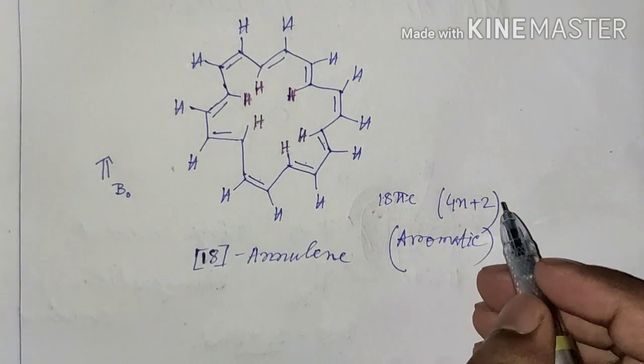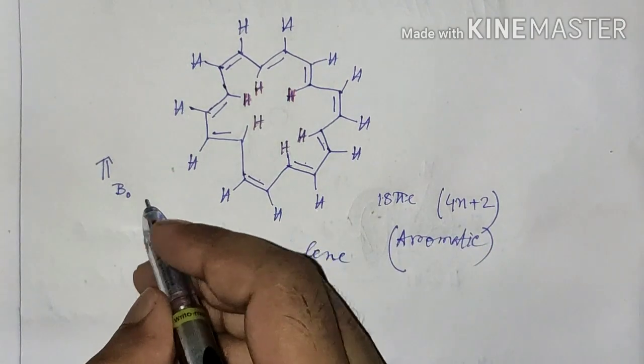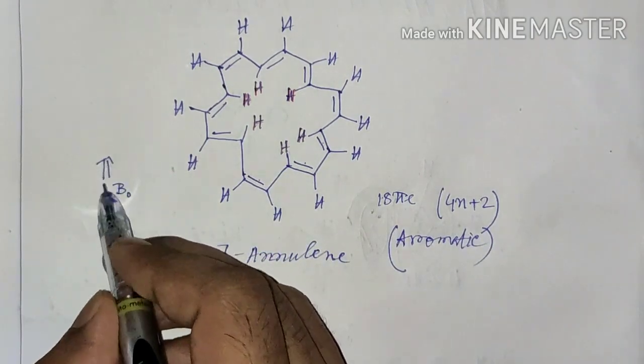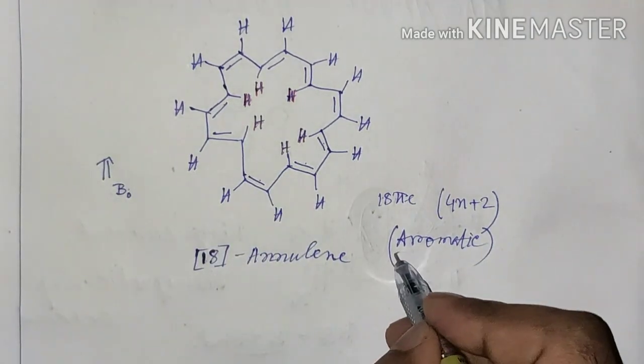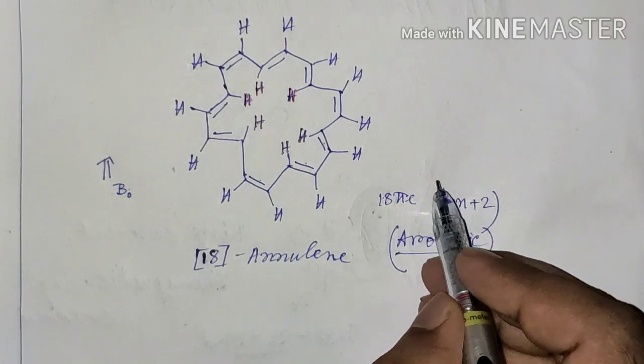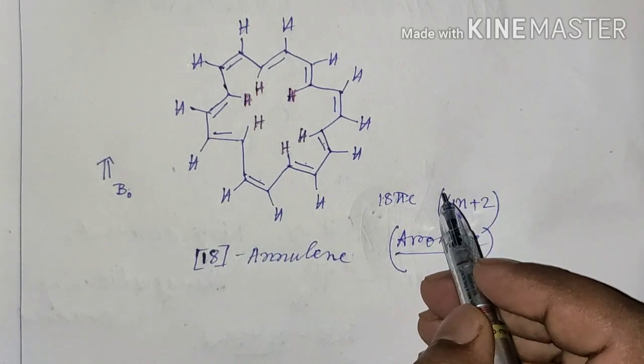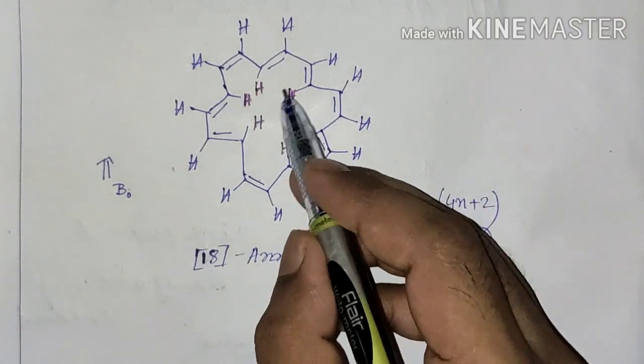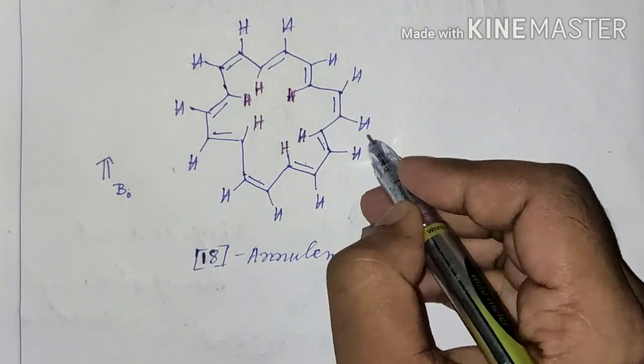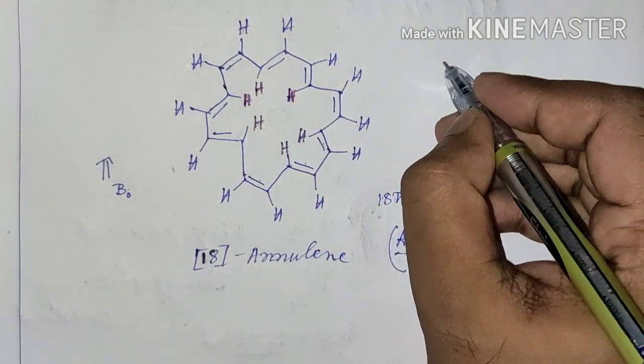Okay, now if we apply a magnetic field in this direction, and since it is aromatic, the ring current is diamagnetic in nature, and due to the diamagnetic ring current, the outer protons will be deshielded.